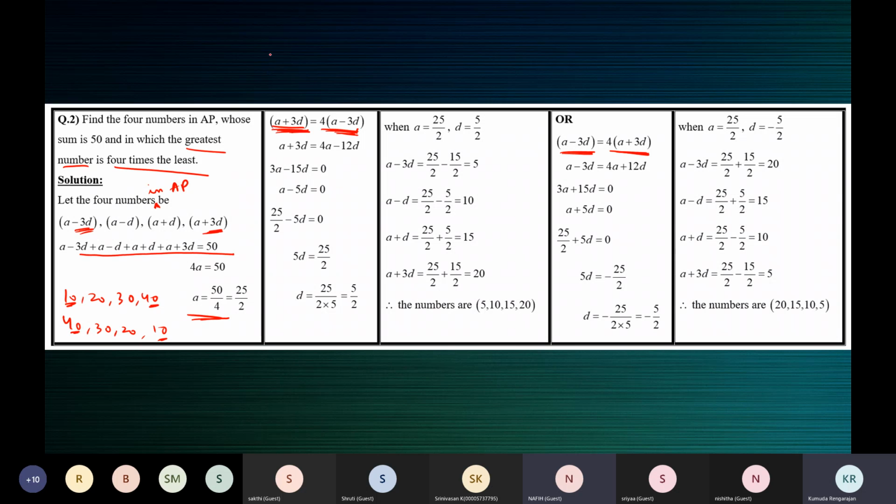So this is case 1, where A plus 3D is the greatest. This is case 2, where A minus 3D is the greatest. In each case, the greatest is 4 times the least.